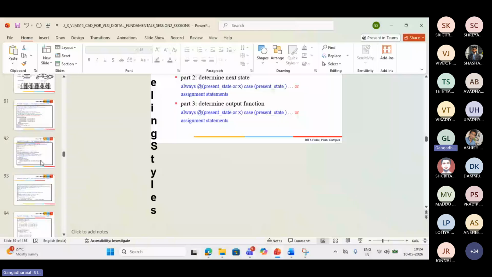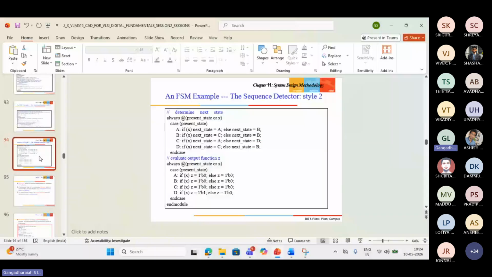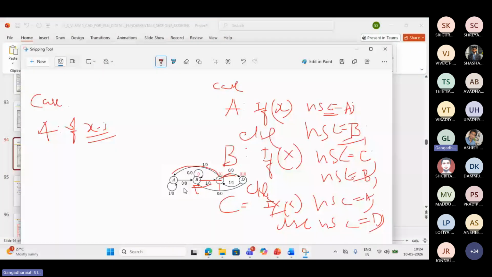So now look at it. With respect to the output, with A as the present state, if X equal to 1, what is the output?